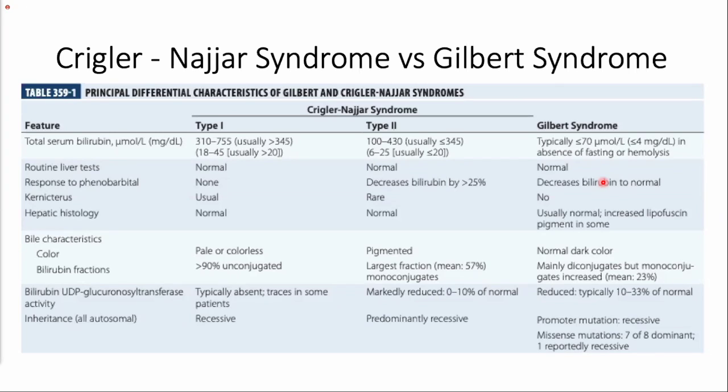I tried to search for the prevalence in Malaysia, but I only found one paper, where one of the authors is Prof. Leila from IIUM. But there's no mention of any specific prevalence. It mentions which type of mutation is common in Gilbert syndrome. There's a subdivision, but I will not touch that. We can refer to the textbook.